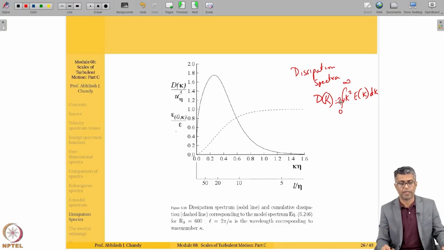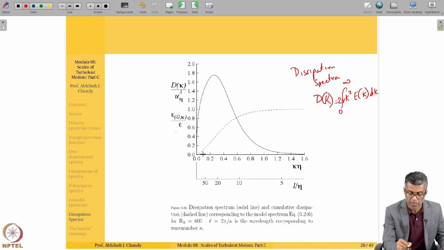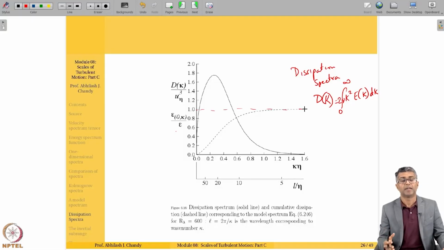There's a factor of 2 there, but that doesn't matter. It is just a factor 2 in there. That is the way it is defined. And then I have the cumulative dissipation, which is again normalized with the total dissipation and is plotted. As you can see, it goes to 1 eventually. At high wave numbers, it goes to 1.